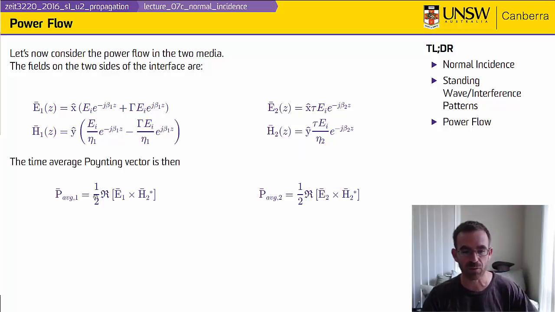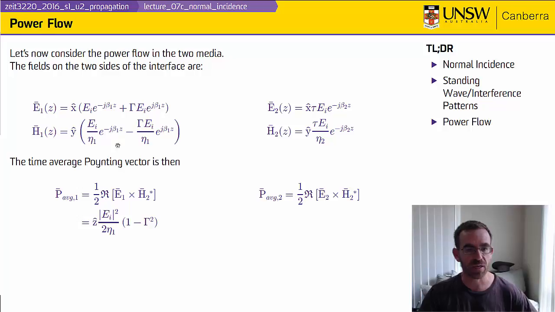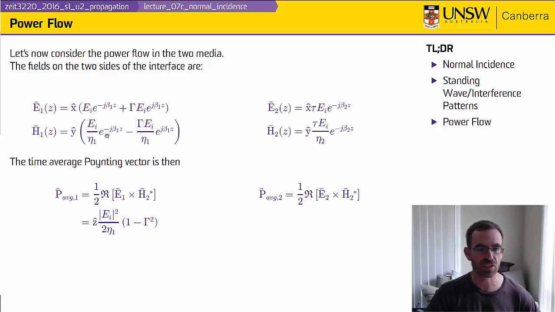We know how to compute the time average Poynting vector. I just take 1/2 the real part of E total cross H total on the two sides of the interface. On the left, when I gather out my terms, I've got an e to the minus j beta z that will be multiplied by an e to the plus j beta z when I take the complex conjugate.